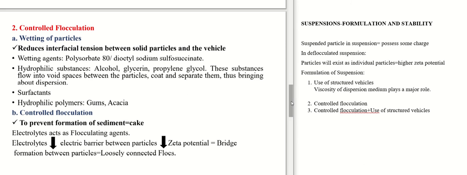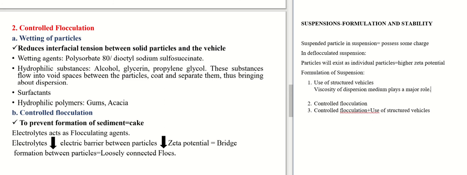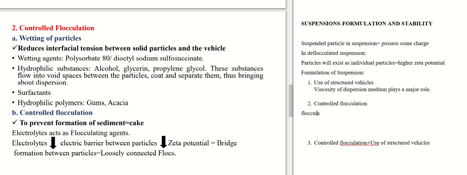The second method is controlled flocculation. The name itself indicates that in this method, we are improving the flocculation. Here we are improving the loose aggregation of particles so that the stability increases.